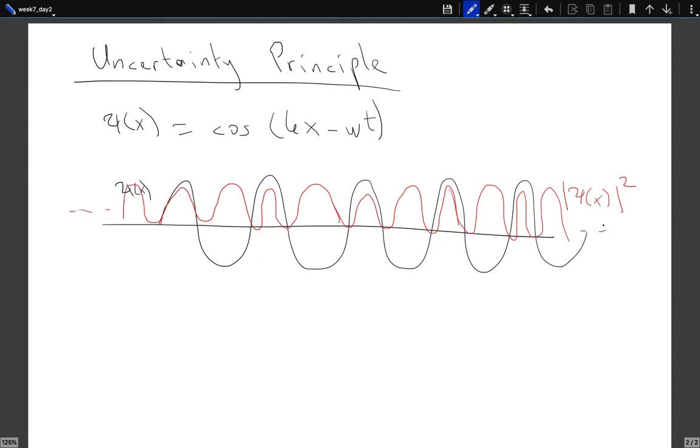Well, essentially the probability goes everywhere. So if this cosine wave was the wave describing my electron somewhere over here, it would just tell me that my electron is kind of everywhere. The probability of having that electron is everywhere. I cannot just say that my electron is over here. It just doesn't make sense.